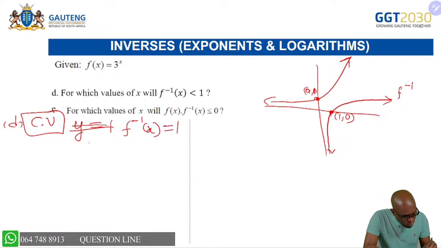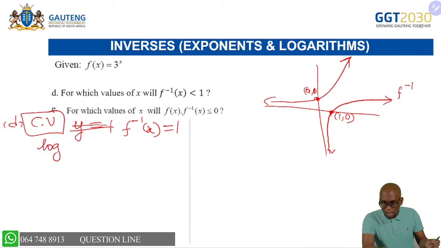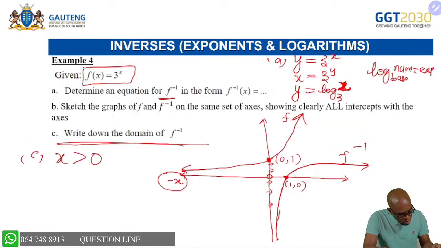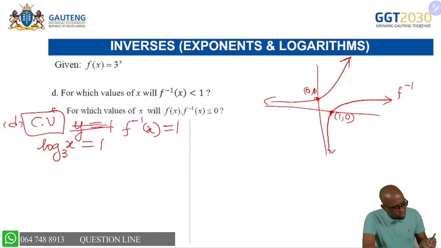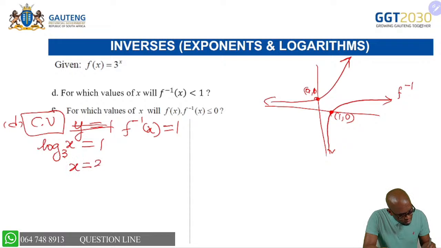So we plug in the inverse equation. We got log the inverse here, let me check. Log to the base of 3 for the number x. We want to know when it's equal to 1. So we get that x would be equal to 3.